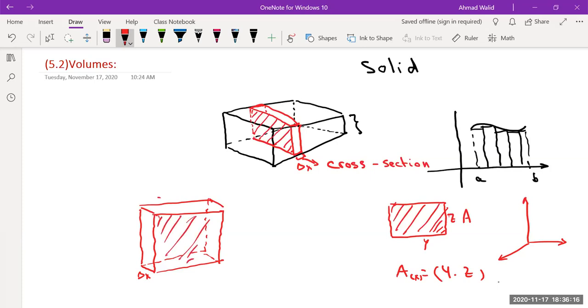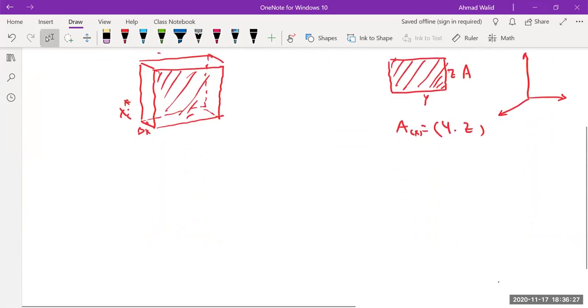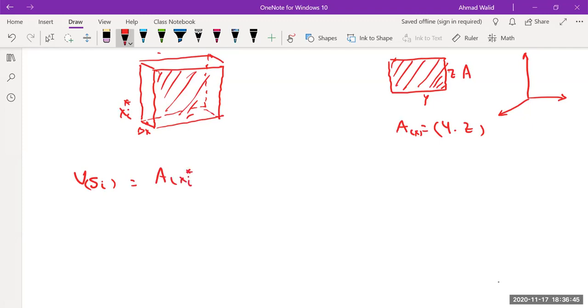Or if I do another cross section and I take an arbitrary point, xi here, then the volume of this rectangular shape, the volume in that particular slice, if I name it V_i, equals the surface area at that arbitrary point, A(xi*), times delta X. Because we know the volume of a rectangular shape is X times Y times Z, right?